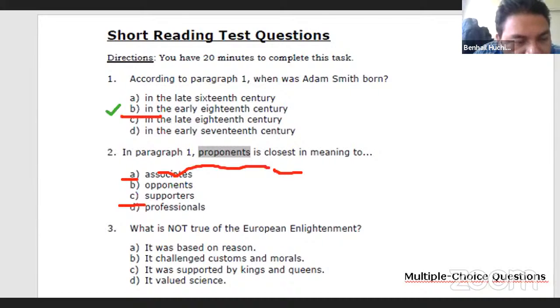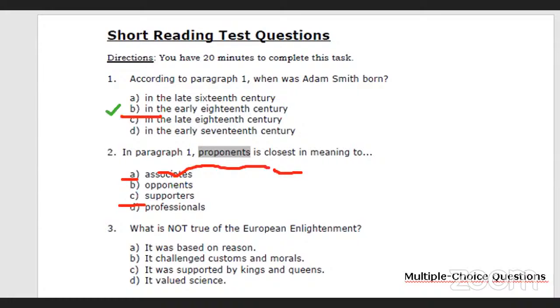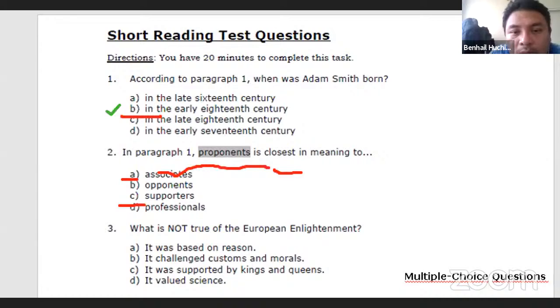I don't like politics, but they have proponents who say, vote for this guy, he's the best, so they make people understand that it's a good reason to vote for these people. They are the supporters. They are helping, supporting. Okay. Yeah, it makes a lot of sense. Right. So the correct option is letter C, supporters.